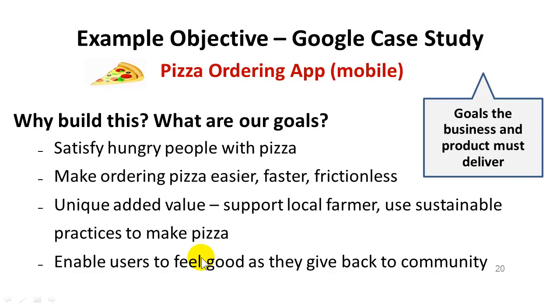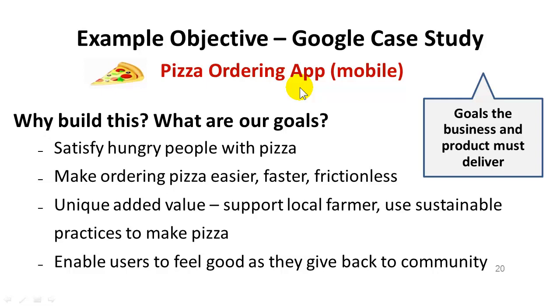The next few slides are going to center around the Google case study. There are actually 3 videos on the left-hand side of Blackboard, and the Google developers did a very nice job of setting up this scenario and going through the steps involved in developing this pizza ordering application for mobile devices.